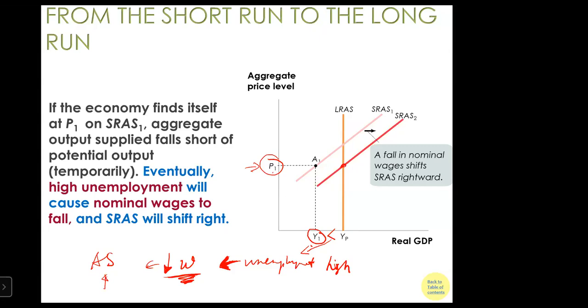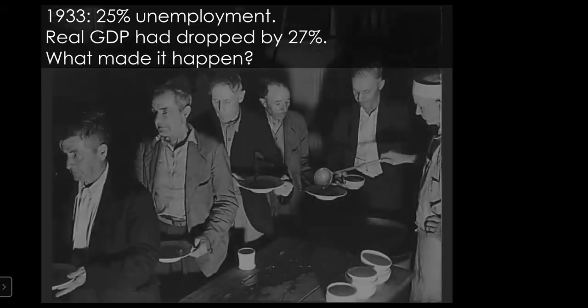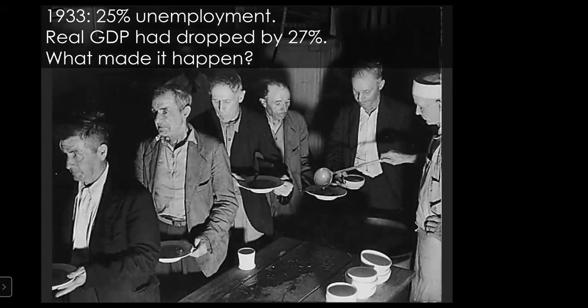Okay, so this just tells you how the economy is going to adjust itself, right? But during this adjustment process, the economy is going to suffer, and this suffering can be significant, like these pictures are going to tell you.